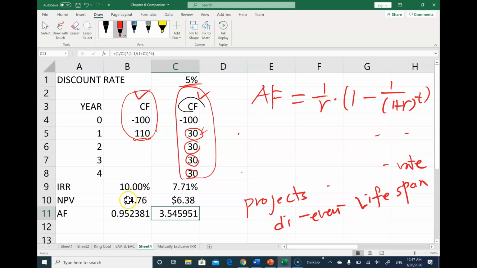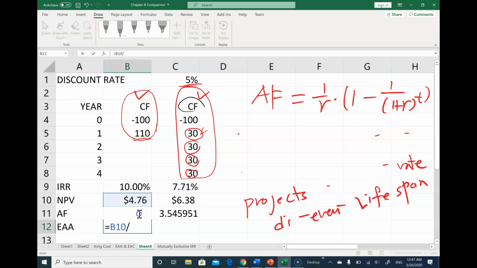And because we already calculated the net present value, EAA of each project is the net present value over the annuity factor, right?